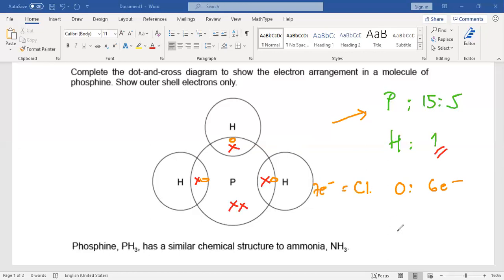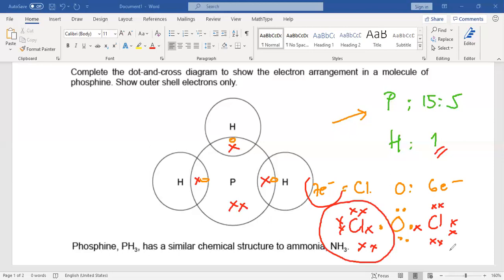So you'll have O with 1, 2, 3, 4, 5, 6, and then the other one is for chlorine, with 1, 2, 3, 4, 5, 6, 7, and 8 when shared. So you have a complete structure. That's how you do it.